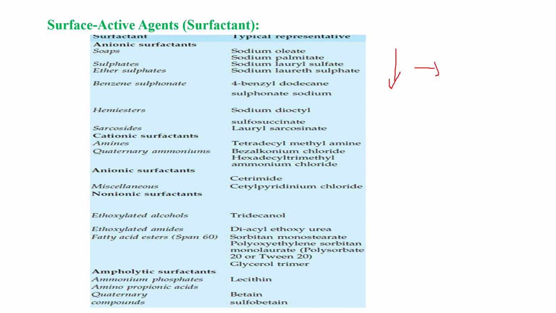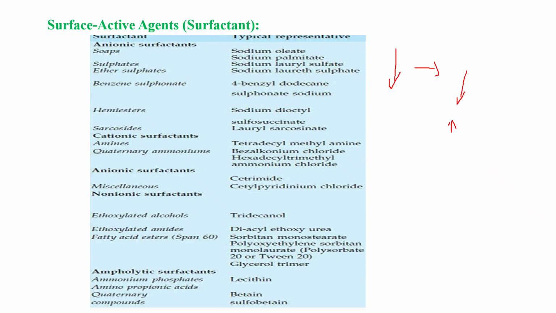Coalescence means it will form a loose cake. Loose cake means it prevents the formation of a hard cake. So it will improve the stability as well as the solubility of the product.